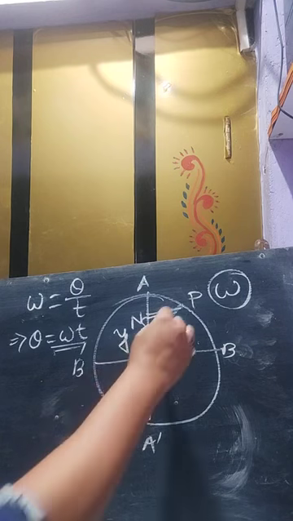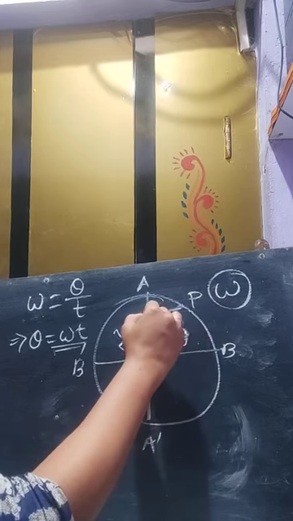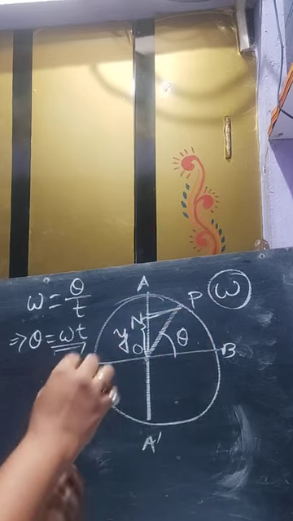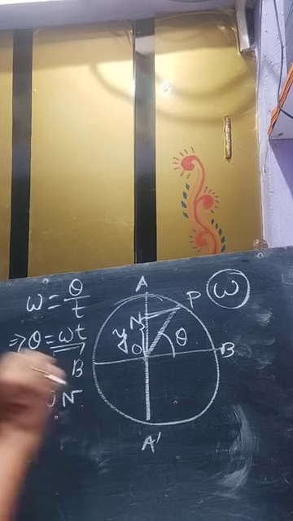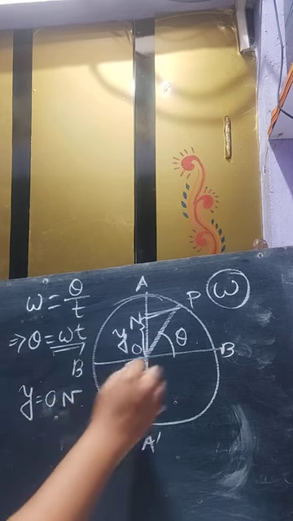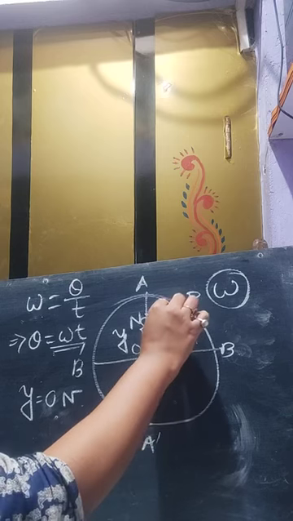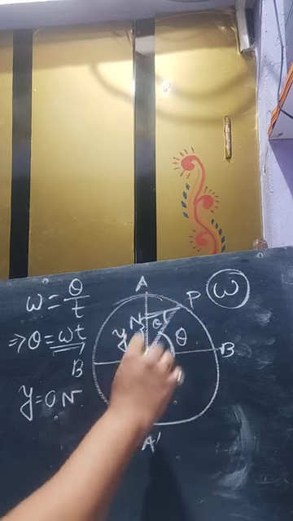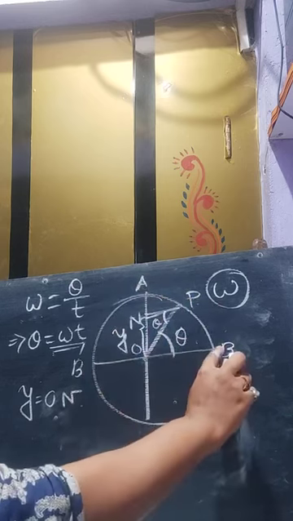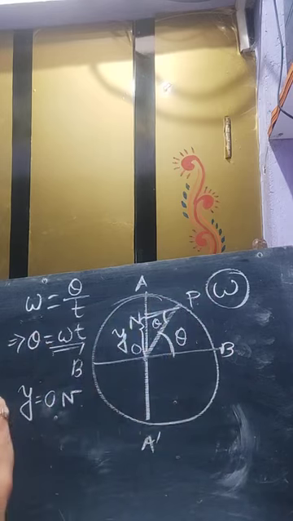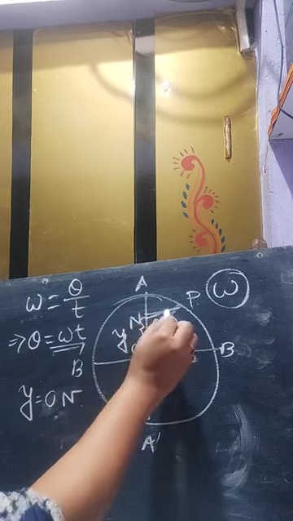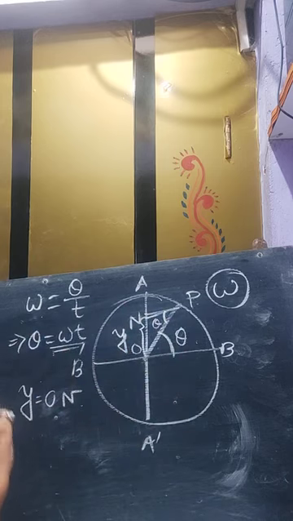So in the triangle OPN, we can say that y equals ON. Now look, this angle is also theta, as NP is parallel to OB and this is the transversal, so these two are alternate angles, right? Therefore, it is theta.